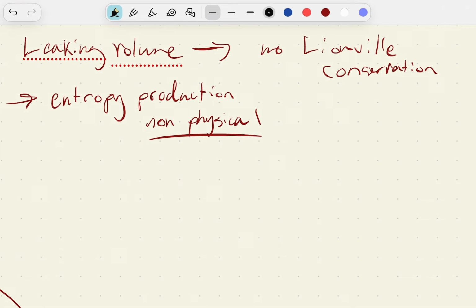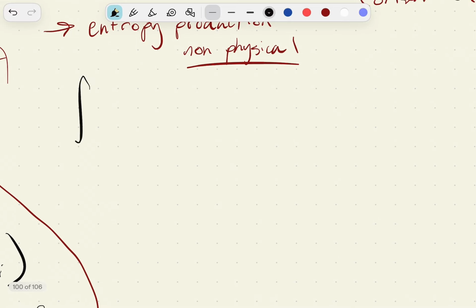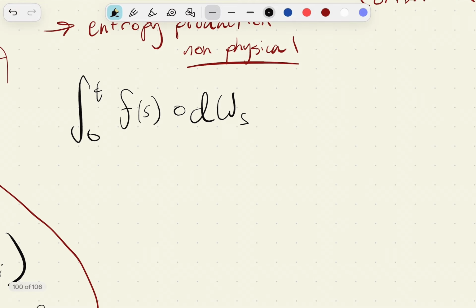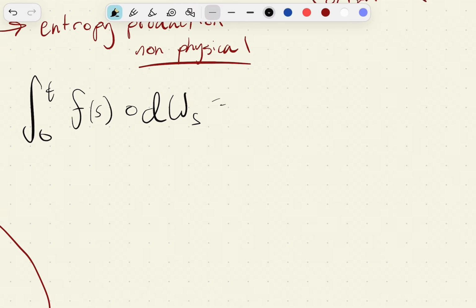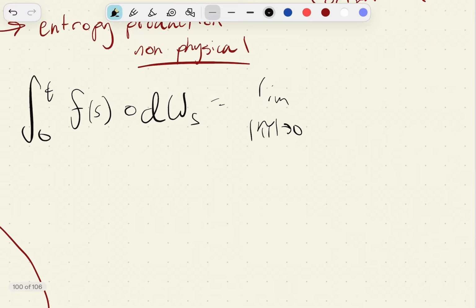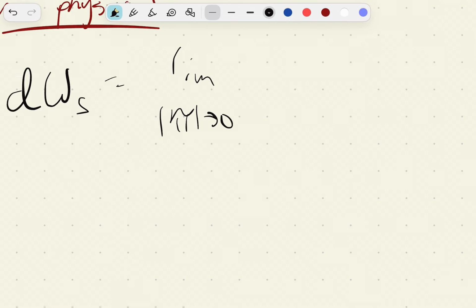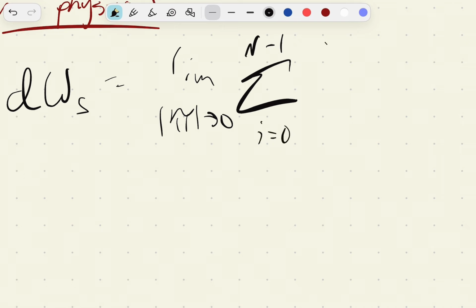Now, this is kind of important to recognize because guess what? The Stratonovich integral is actually physical. If we want to take the Stratonovich integral of some general function with respect to some general process, this would be defined as the limit of the partition going to 0, and it'd be a midpoint partition, okay? Instead, it is teleological in a sense that it looks into the future, all right?